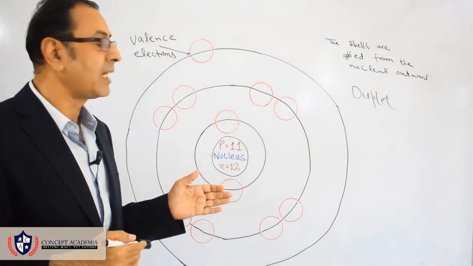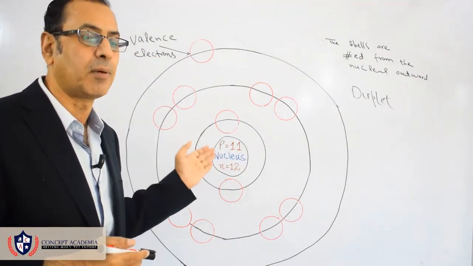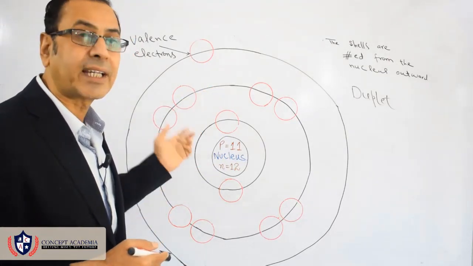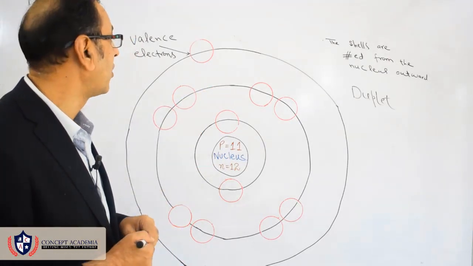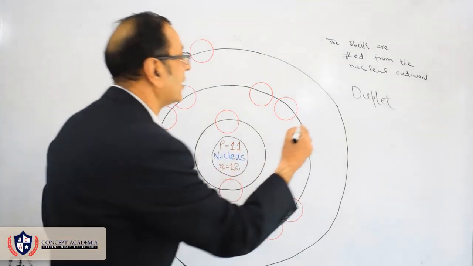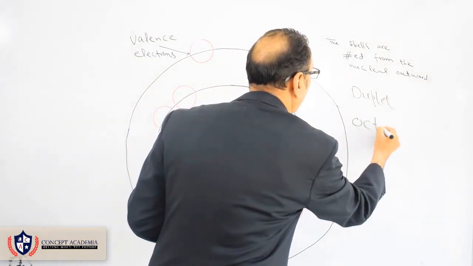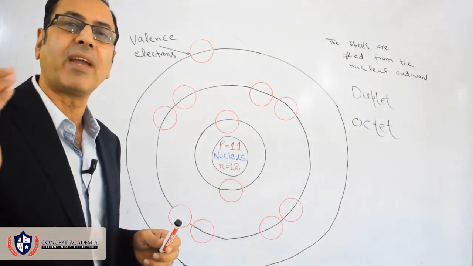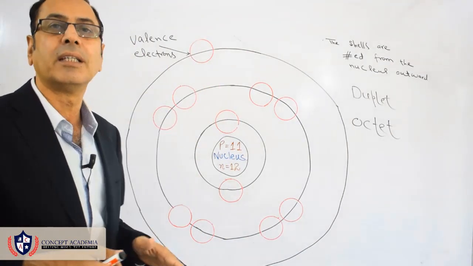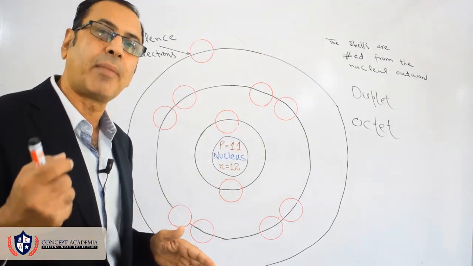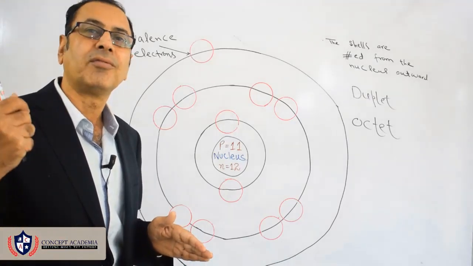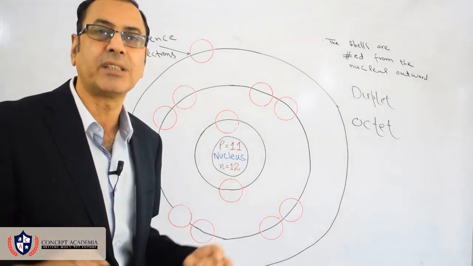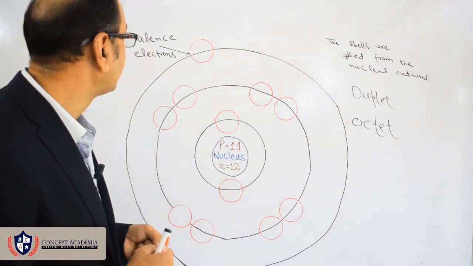Duplet means that the first shell can maximum have 2 electrons, and the second shell can maximum have 8 electrons, and we call it an octet. So octet means that it can maximum have 8 electrons. The second shell can maximum accommodate 8 electrons.